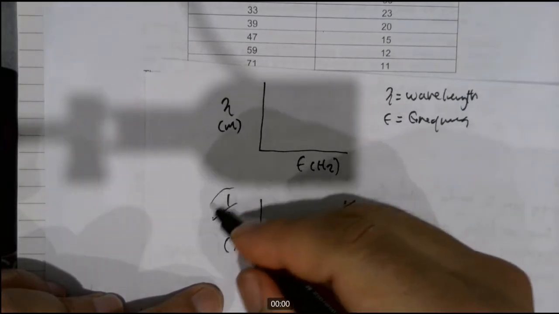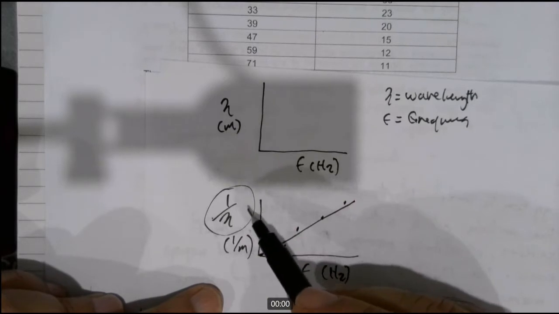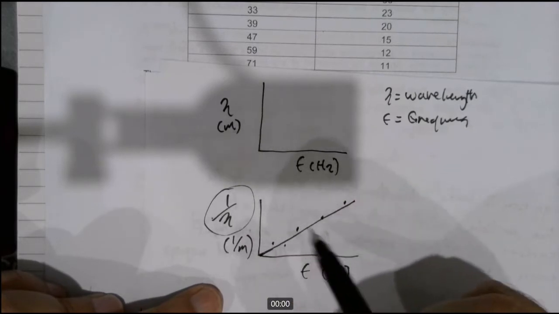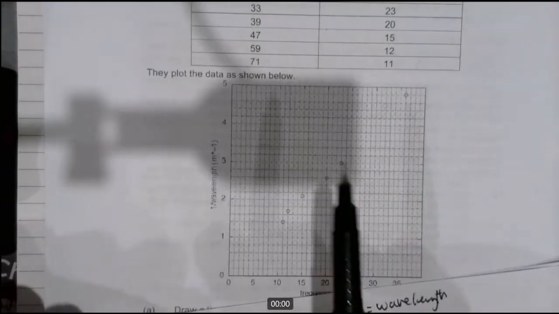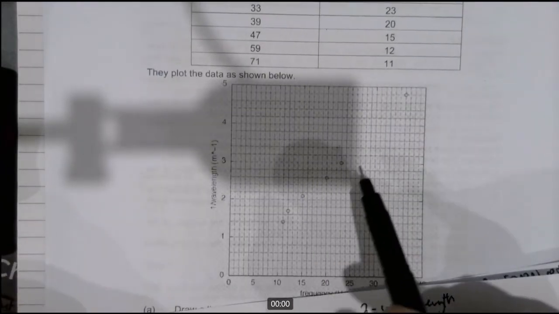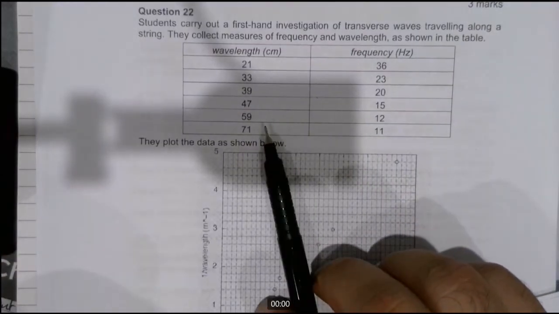We've talked about this before, when we have to do weird things to data in order for it to act in a straight line. So let's have a look. We'll get back to this, but let's have a look at what this data looks like if we were to plot it as it is.